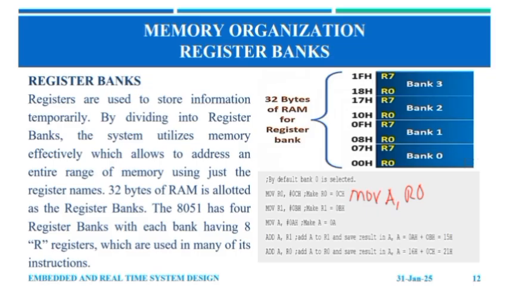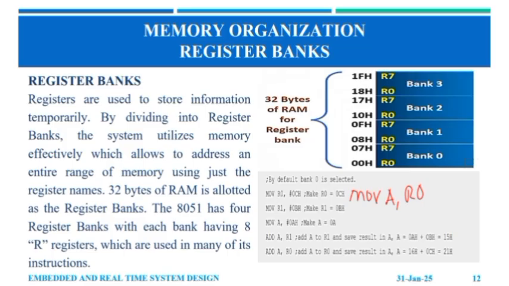They are used to select these register banks. Each of these register banks, let's take for instance bank zero, has eight different addresses. So we said the 8051 has four register banks, with each bank having eight registers.